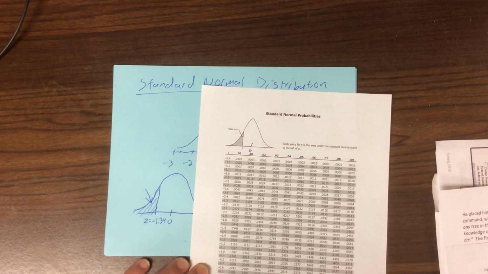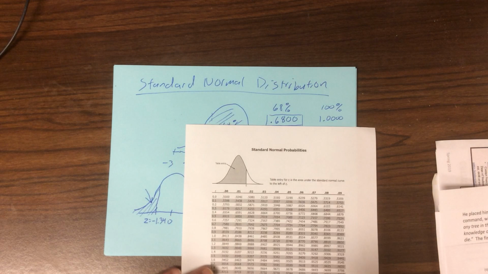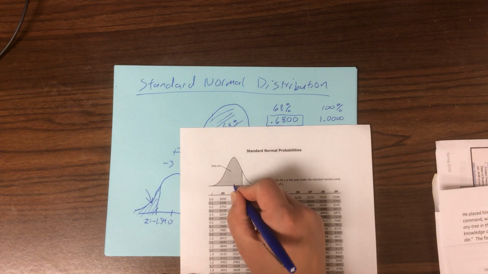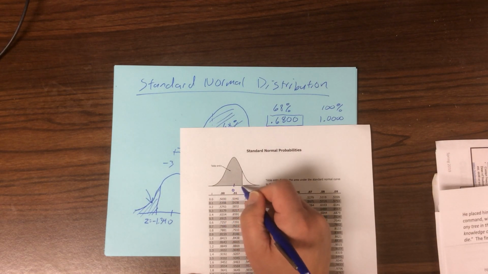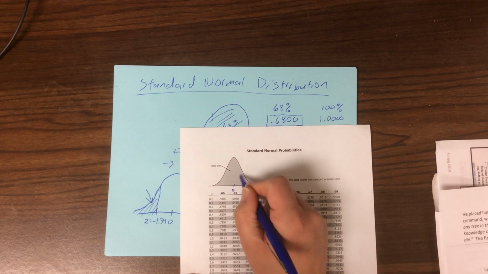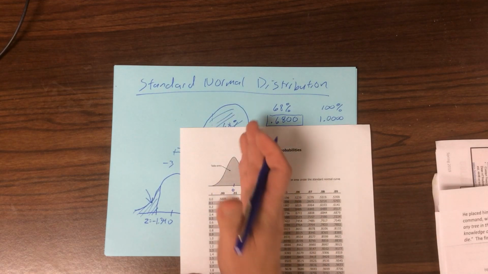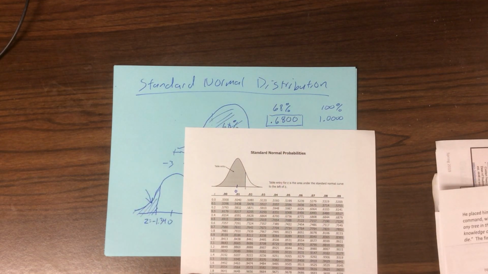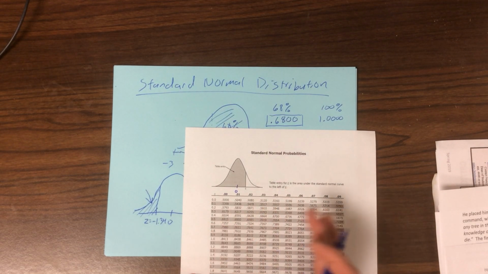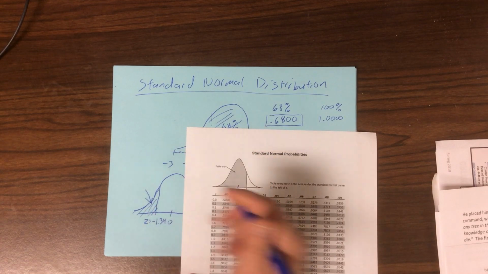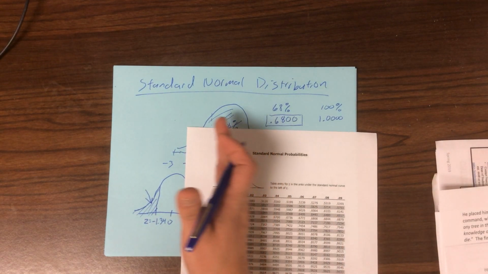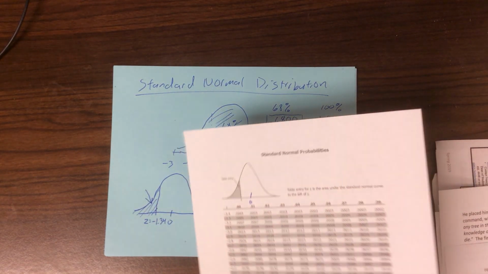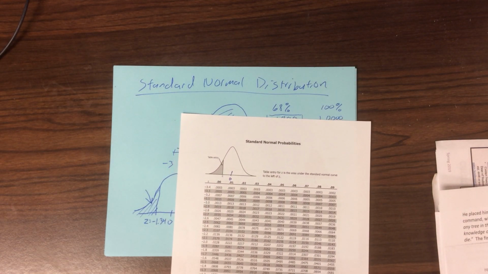This is a negative z-score below 0. So this is the negative side of the table, and this is the positive side of the table, okay? So 0 is right there, and so the z-score is right here. And you're going to get all the area below the z-score. So whenever you look up a z-score, positive or negative, you're going to get the area that lies below that z-score. And it'll always be an area between 0 and 1.